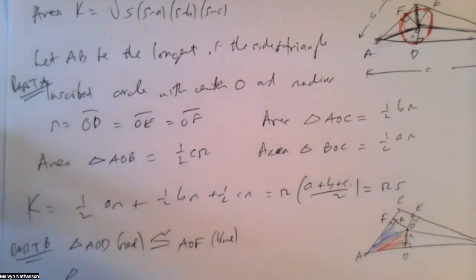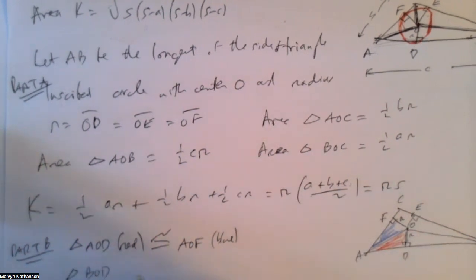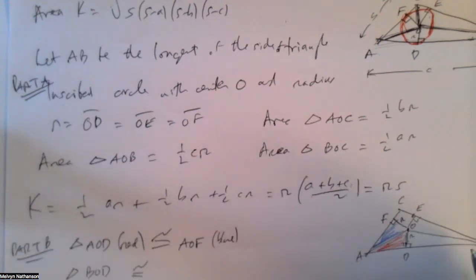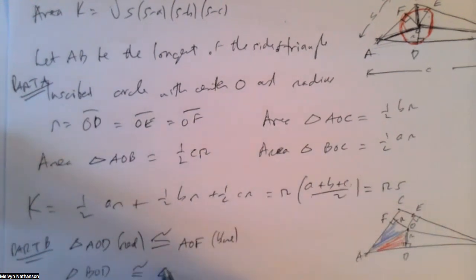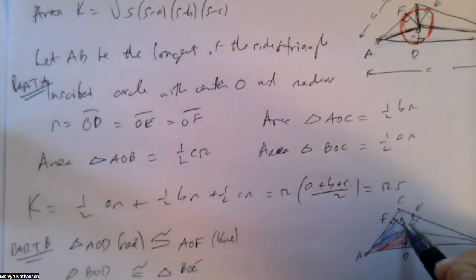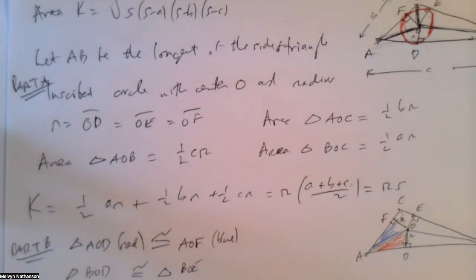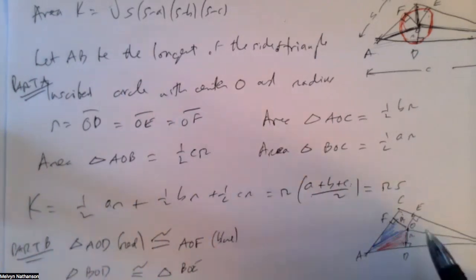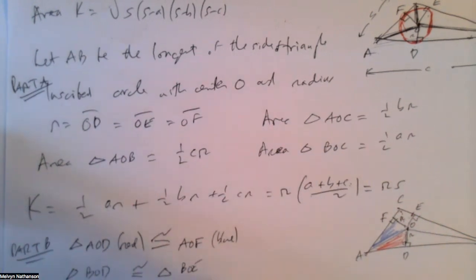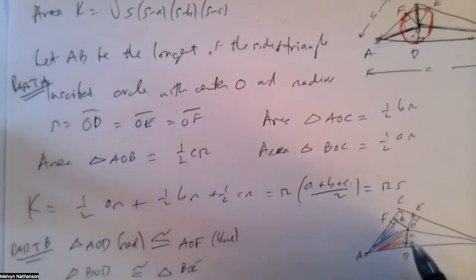Triangle BOD is congruent to triangle BOE. And if I draw this line and look at these 2 right triangles, triangle COE is congruent to triangle COF.